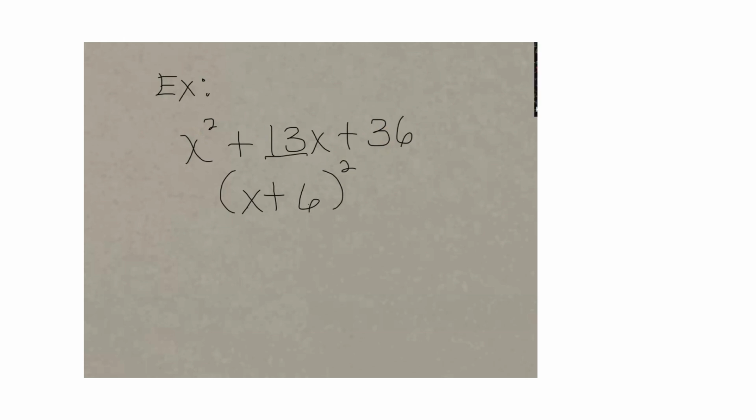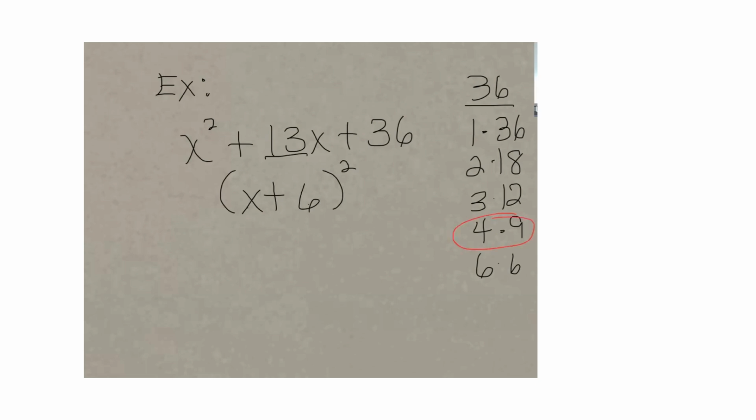So instead, with that one, you would go, okay, my exhaustive listing: 1 times 36, 2 times 18, 3 times 12, 4 times 9, 6 times 6. I have to see what factor pair adds up to be 13. And that's that one. So that's not the right factorization.